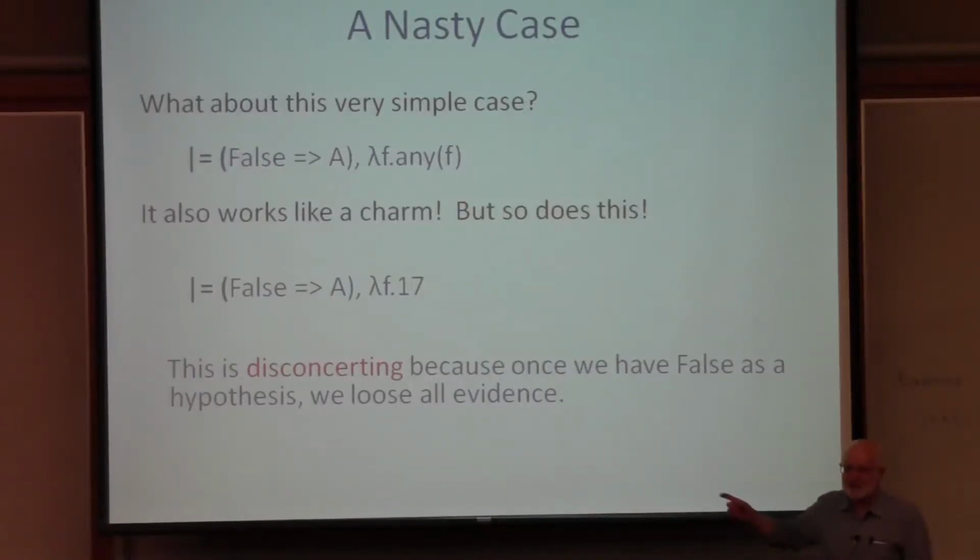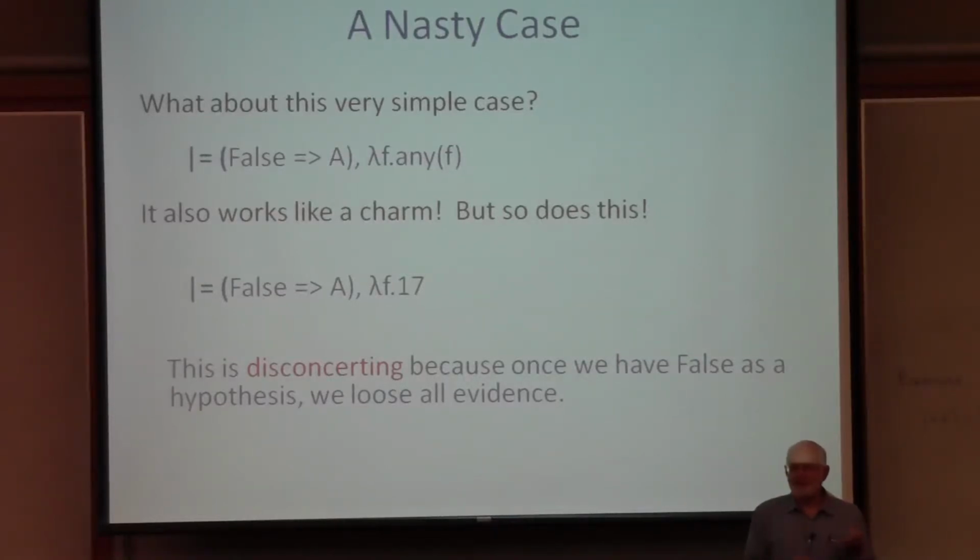And what you see is if you've got false as a hypothesis, then anything follows. Anything can be evidence for the term. Because now you've got a vacuous hypothesis there. There's no realizer for false. So if there can't be any realizer, then you can show that anything is a realizer, like the number 17, or even worse, like a diverging term.